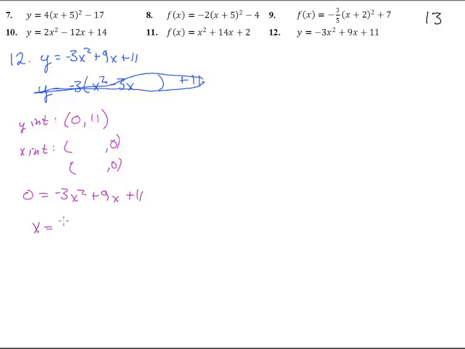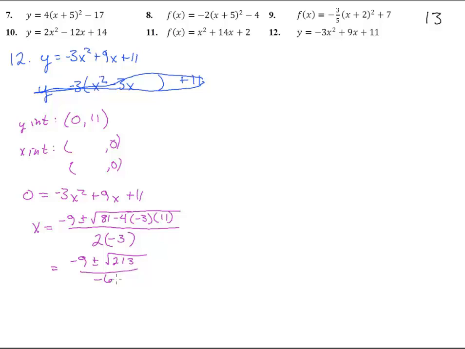It goes x equals negative b plus or minus square root of b squared minus 4ac, all over 2a, like that. So we get negative 9 plus or minus the square root of 81 plus 132. 81 plus 132 is going to be 213, all over negative 6.